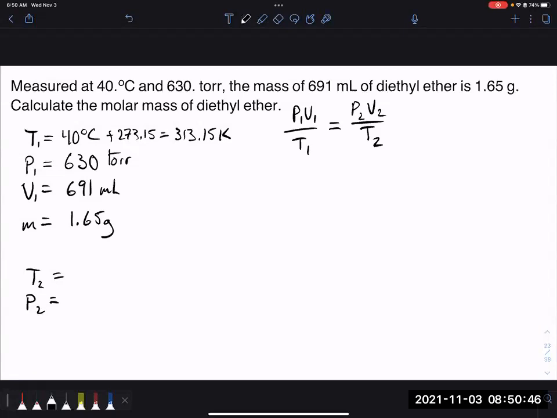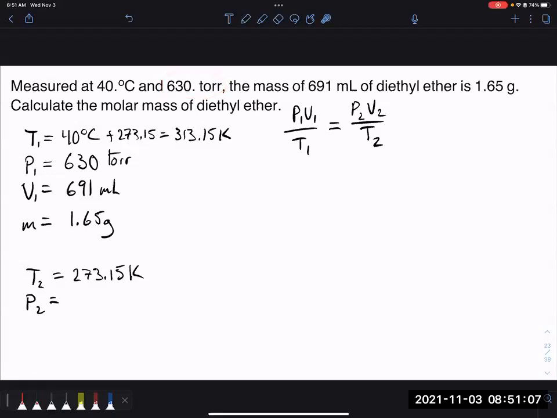So STP stands for standard temperature and pressure. Our standard temperature is actually 273.15 Kelvin. And our standard pressure is 1 atmosphere. But 1 atmosphere would be a little harder to work with here because we've been given a unit of torr.